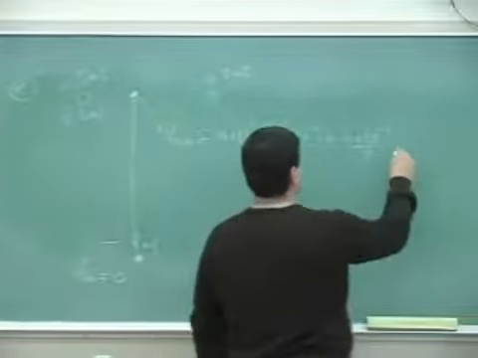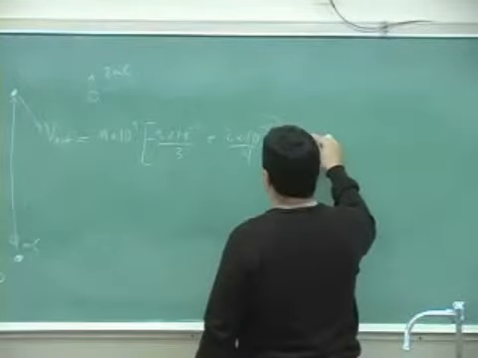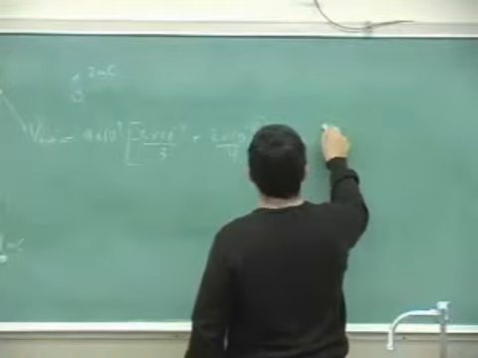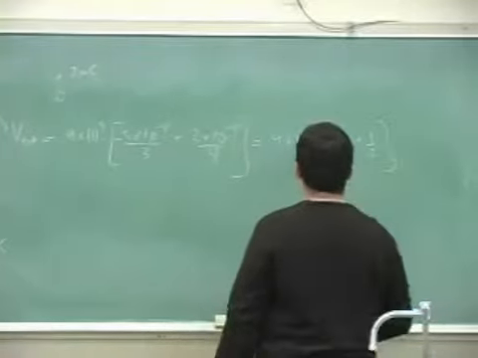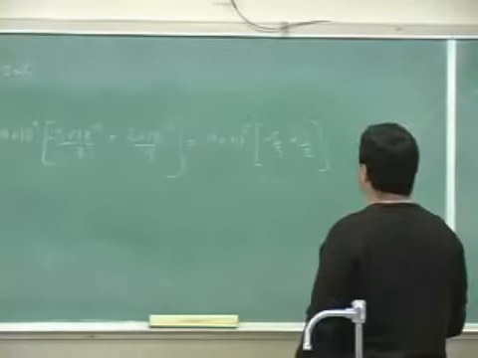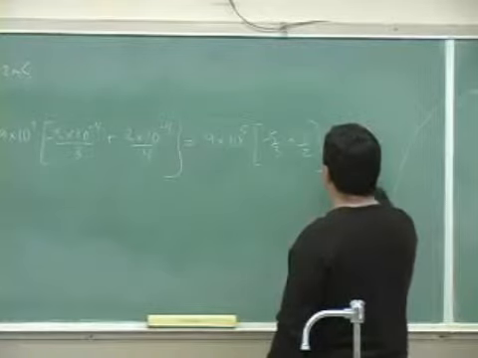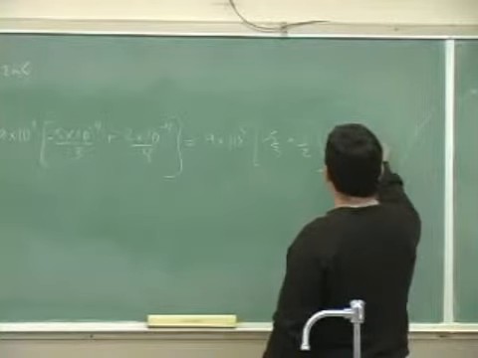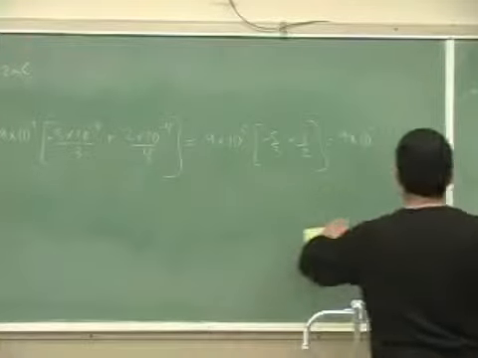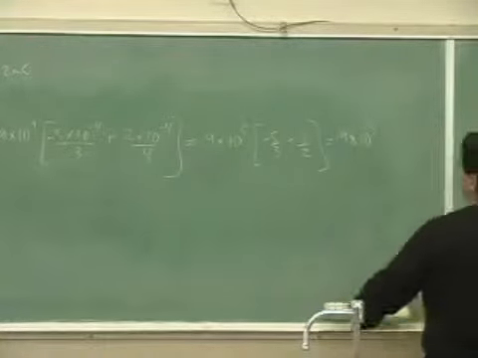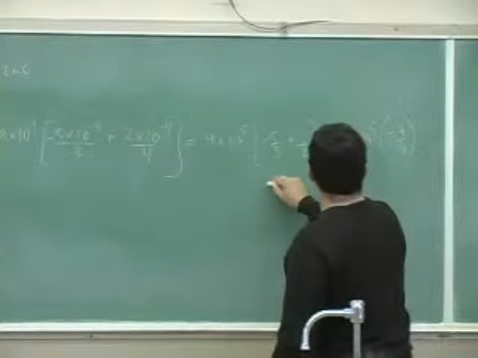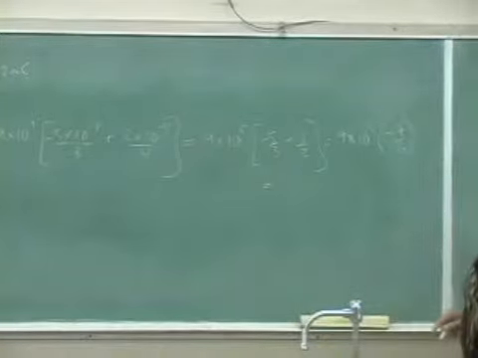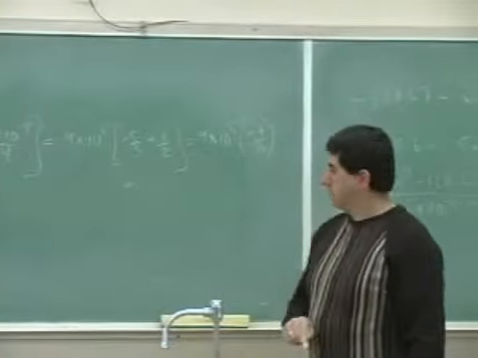So the potential is 9 times 10 to the 5th, negative 5 over 3, plus 1 over 2. Negative 10 plus 3 over 6. Negative 7 over 6. So what is that? Negative 63 over 6 times 10 to the 5th.